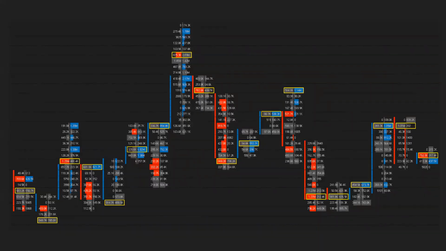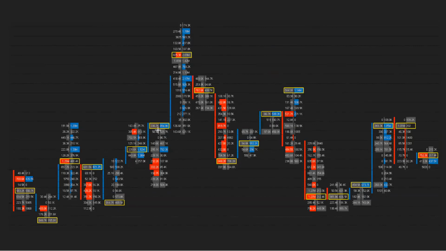Then you've got what's called an imbalance footprint, which is basically set up to alert you when there's a specific imbalance in the market. An imbalance being a disproportionate number of market buys to market sells, for example. So I think the threshold here is 400%. So whenever there's an imbalance of 400% or more, the price point will be highlighted in blue or red.